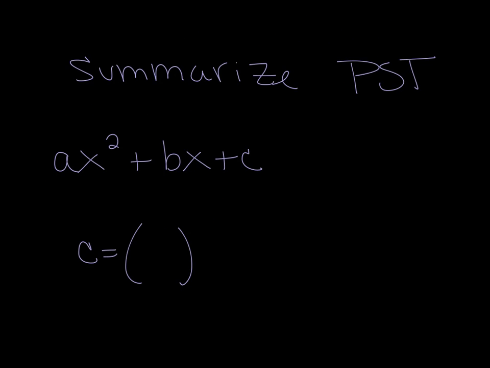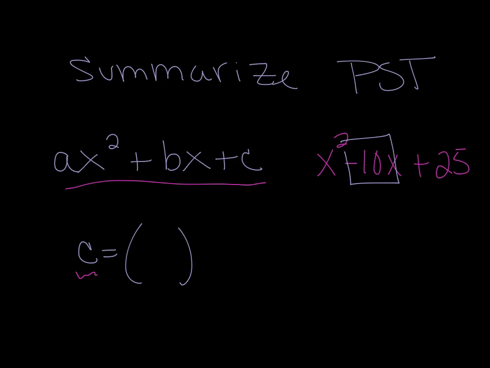Alright. And so just to summarize, when you're finding a perfect square trinomial, let's say like the one we found before, x squared minus 10x, and we figured out that we had to add 25 to the end to make it a perfect square trinomial. Well, it's in the form ax squared plus bx plus c. In order to find the c value, there is a trick. So we want to take the middle term, which in our case was negative 10, and in order to figure out c, we're going to divide that number by 2, and then we're going to square it.